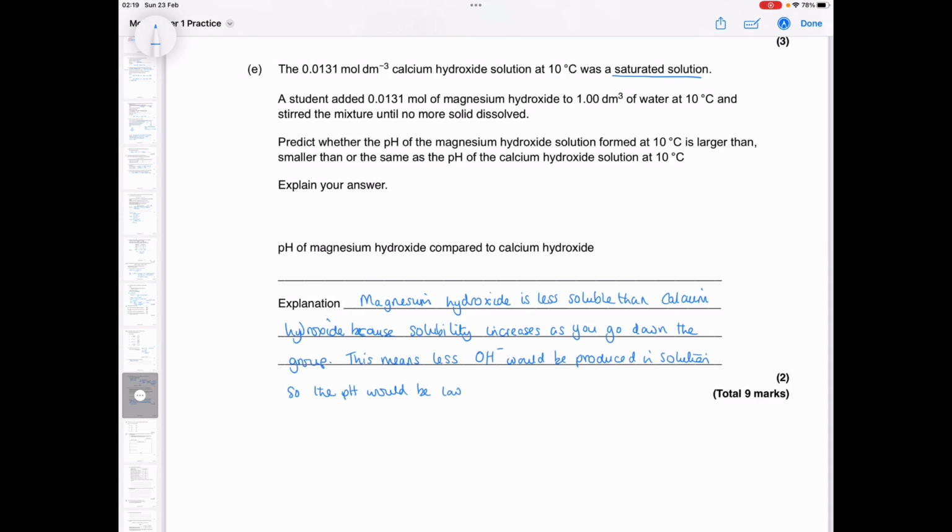It wouldn't be as alkaline. So we're just going to add that answer. Affect the pH of magnesium compared to calcium would be lower. In brackets, we just add less alkaline.